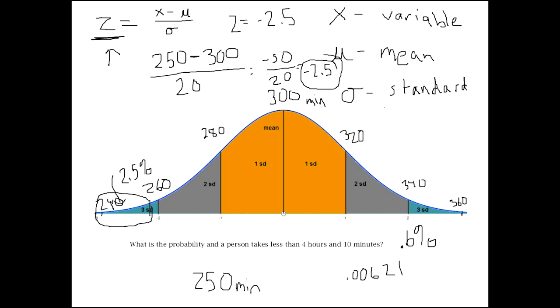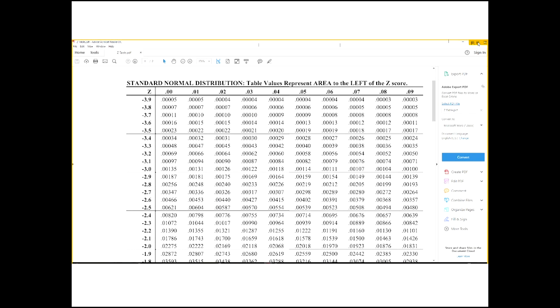Also, what's cool, just to show, what if it said, what is the probability that a person takes longer than 4 hours and 10 minutes. The cool thing is, we don't have to do this formula again. We would do everything the same.